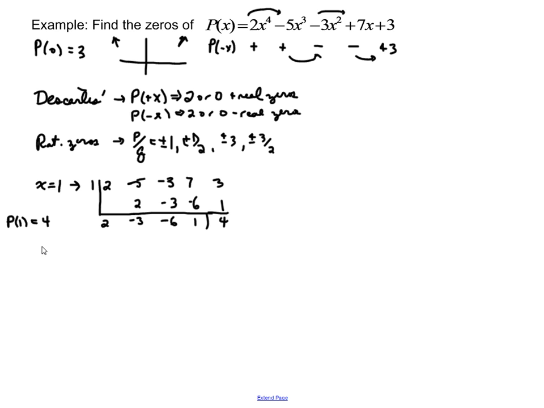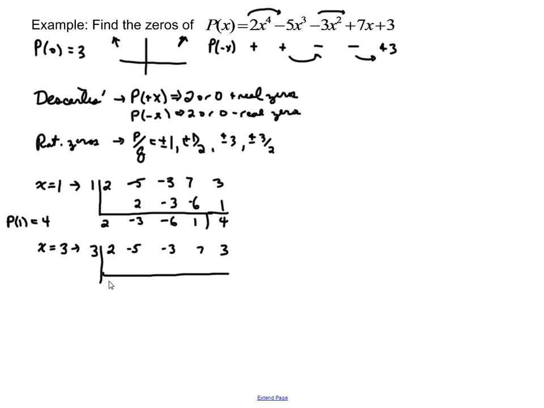Let's try the next positive whole number here. Let's see what happens at x equals 3. Anything good? Well, I know that at x equals 3, if I were to put in synthetic division, 2, negative 5, negative 3, positive 7, positive 3.